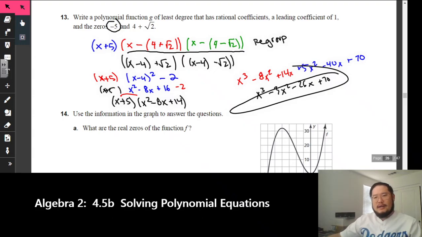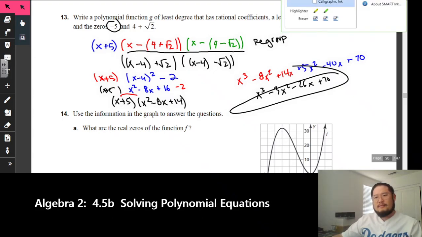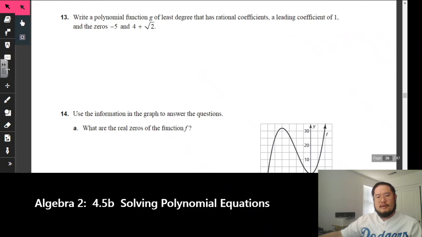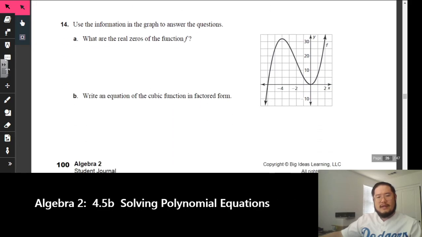For the last part here, number 14. It says use the information in the graph to answer the questions. Well, what does the graph show? Remember, things that we care about in the graph are the zeros.